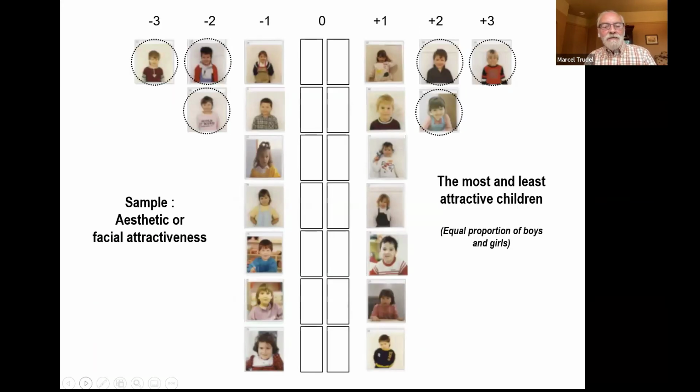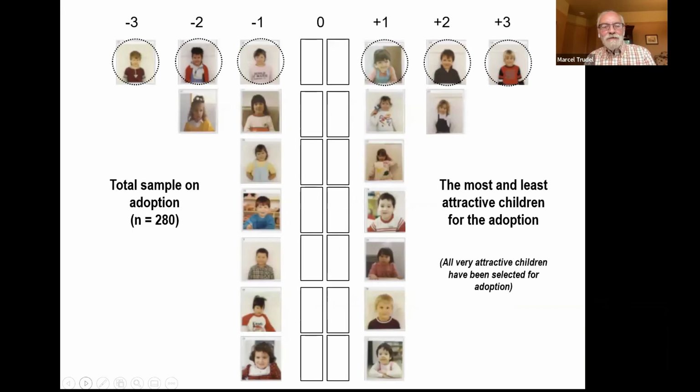For the sample that evaluated facial attractiveness, it looks like this. There are three children at the very top, two boys and a girl, and on the left, two boys and a girl too. Next.